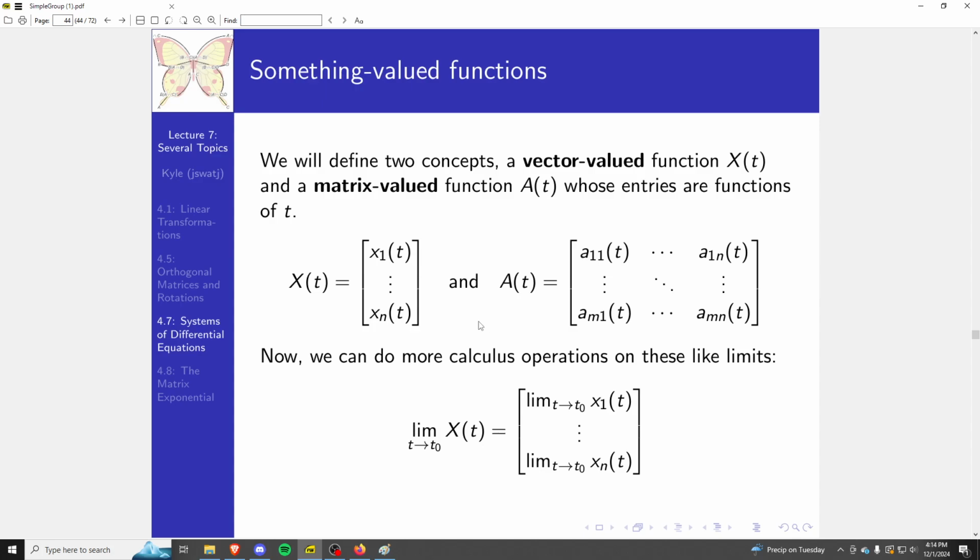And so we can now do calculus operations on vectors and matrices because we can apply them component-wise. So taking the limit of a vector would be the limit of all of its component functions. And obviously, certain things like, the limit only exists if all the component limits exist, also hold.